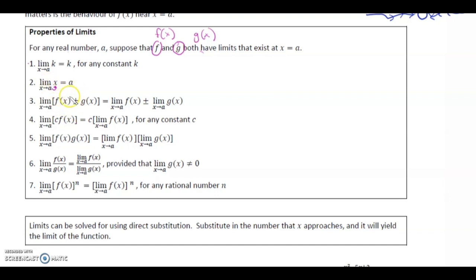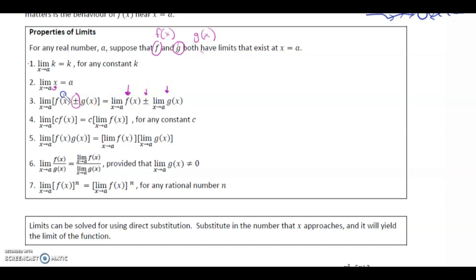Now, limits of two separate functions, if they're added or subtracted, what we do is we find the limit of one function, and then we add or subtract, whatever that sign was, the limit of the second function.